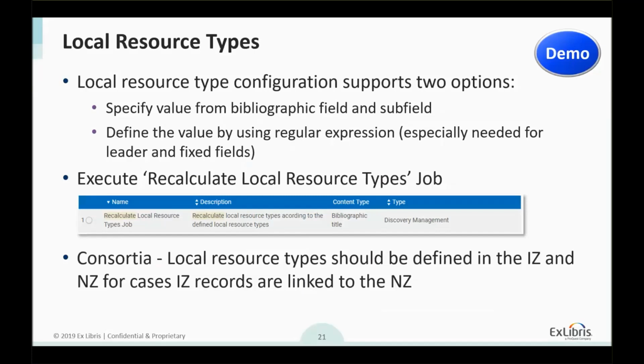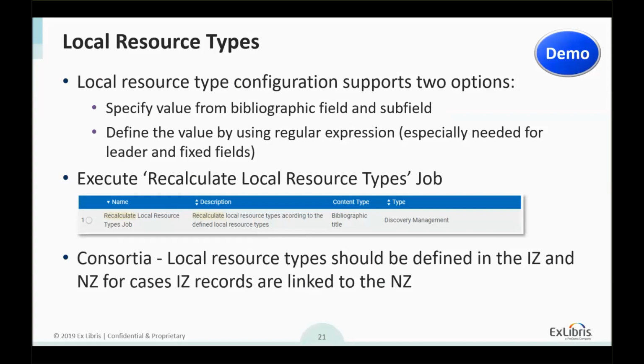One comment about consortia. In case this local resource type should be defined for records that are at the institution level and linked to the network zone, then you need to create this local resource type both in the institution and also in the network.